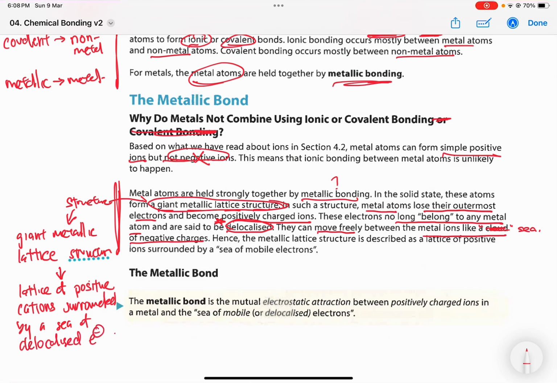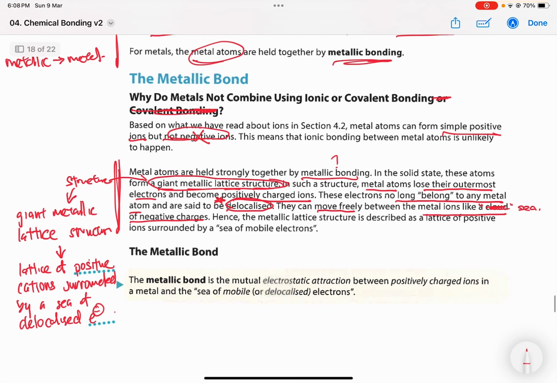The positive ions are formed because the metal lost electrons, so the metal formed the cation. Where is this sea of delocalized electrons? It is the electrons that are lost by the metal. It formed this whole sea of electrons, and hence it is as such. Now, the question is, okay, this is the structure, but where exactly is the bond? What is this attraction? Where is the force?